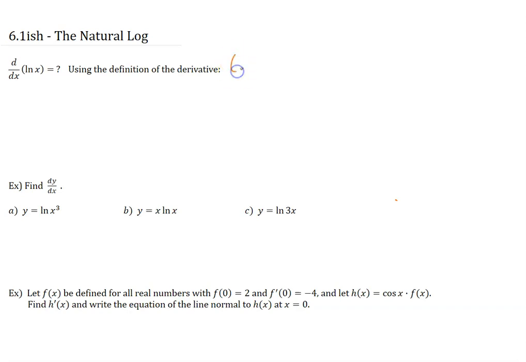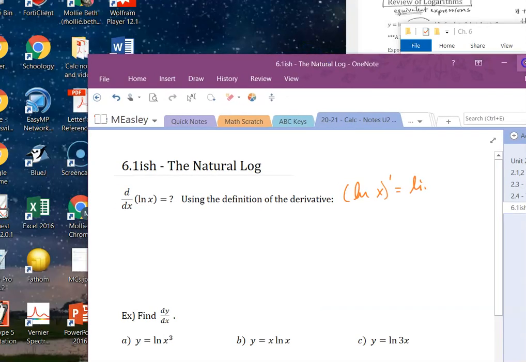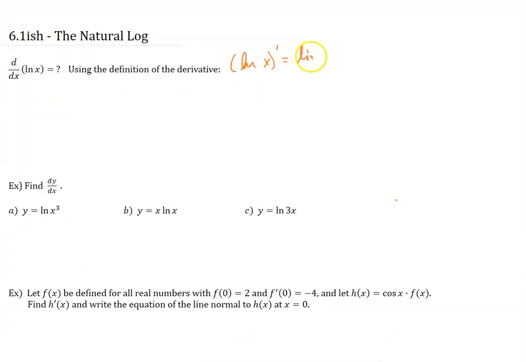So I'm going to write this as the derivative of natural log x is equal to the limit as h approaches 0 of, and so then f of x plus h is going to be natural log of x plus h minus, and then f of x is natural log x, all over h, okay?